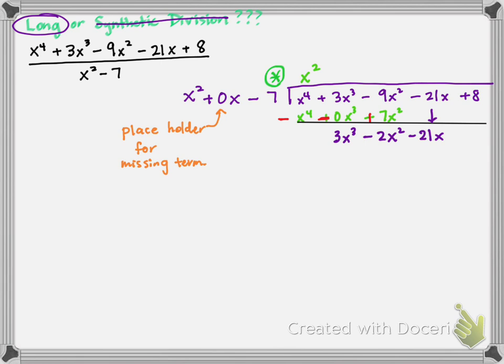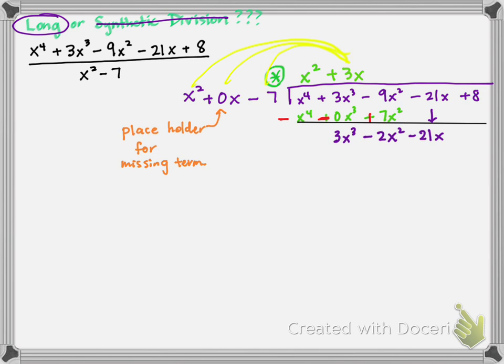Okay, so over here, ask yourself, how many times does x squared go into 3x cubed? Well, that's going to be positive 3x times. So now take 3x and multiply it through your trinomial that's over there on the left, multiplying it to each of those terms.